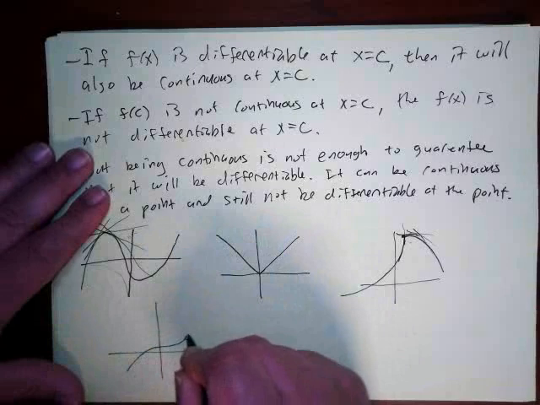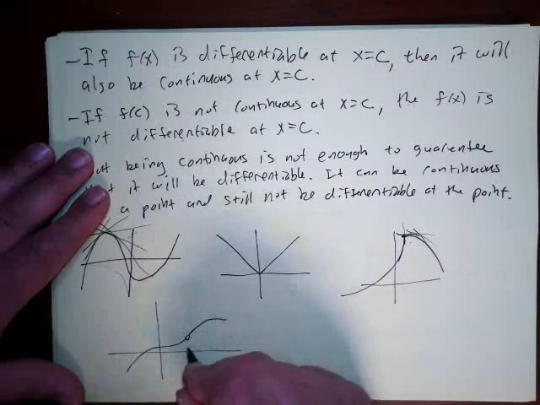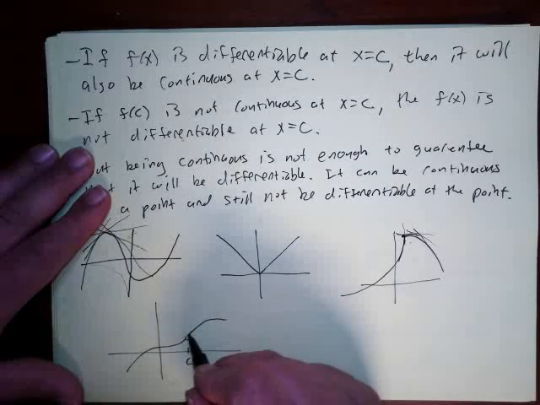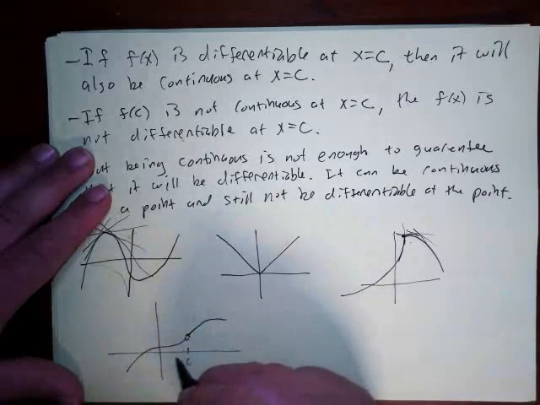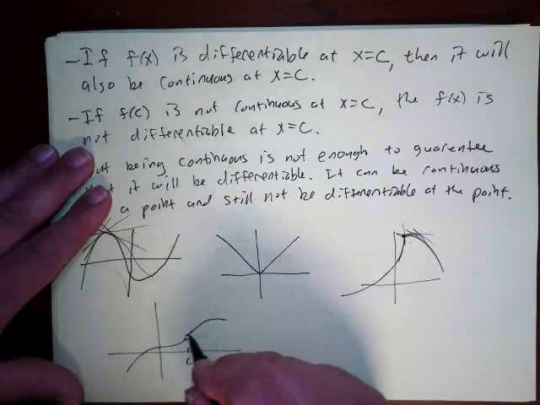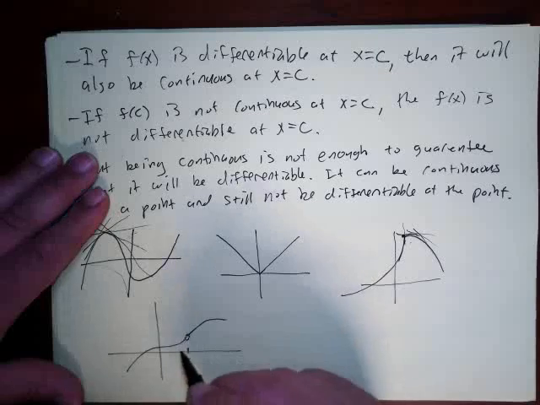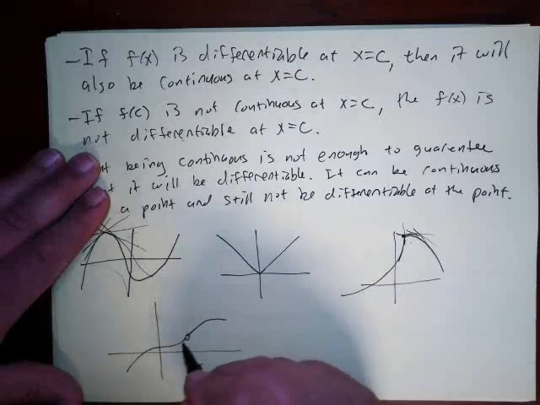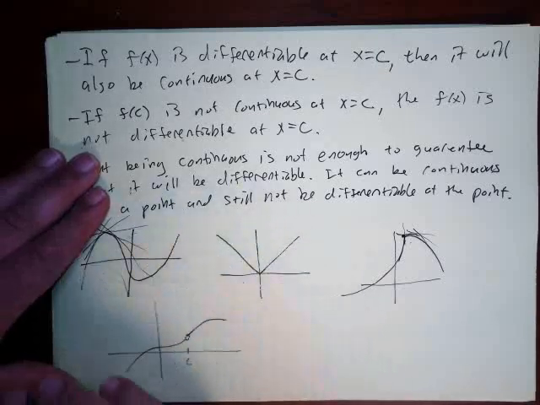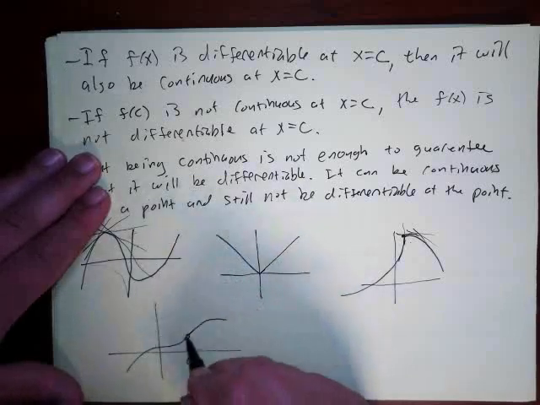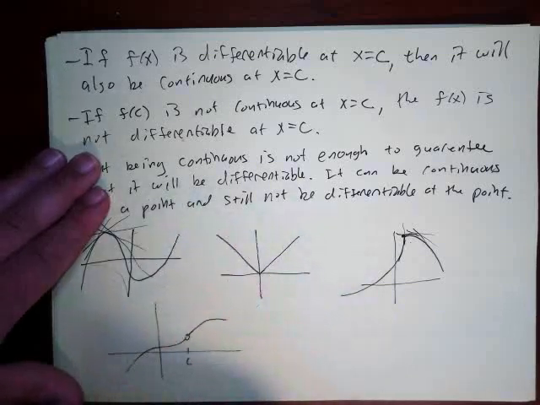If you just had a hole in the function for whatever reason, it will not be differentiable there. Now, in this case it approaches a limit, so you could define the function at that point. That's a removable discontinuity, and then it would be differentiable there, but you would have to make sure to define it at that point.